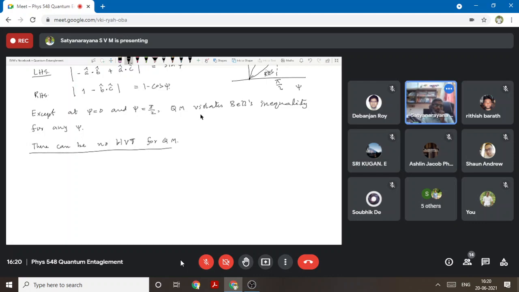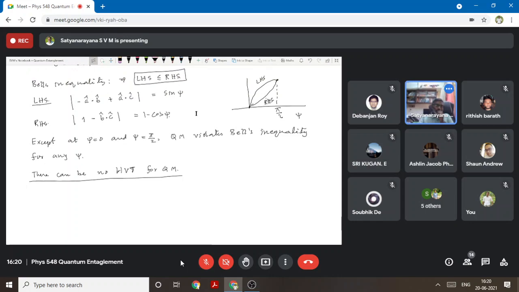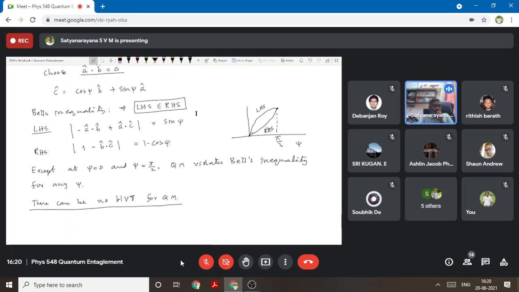So the hope that a hidden variable theory can exist as a fundamental theory whose approximation can be quantum mechanics is something that has been proven to be an untenable task by Bell's inequality.